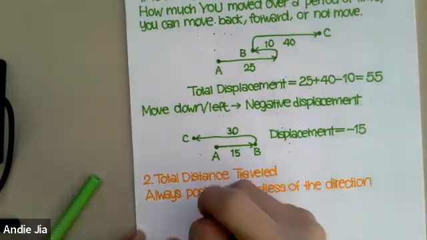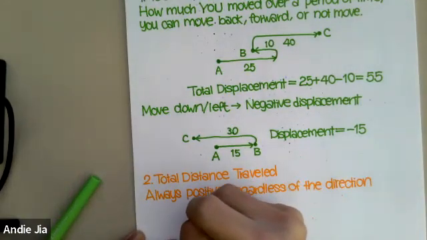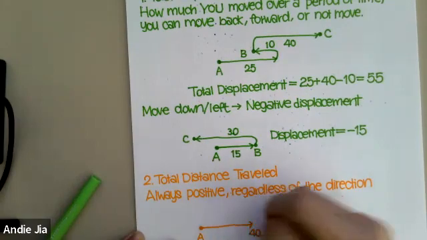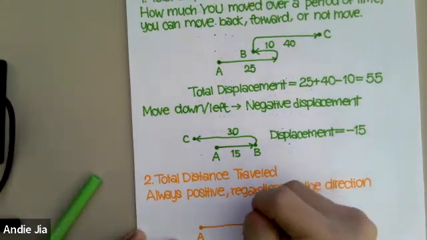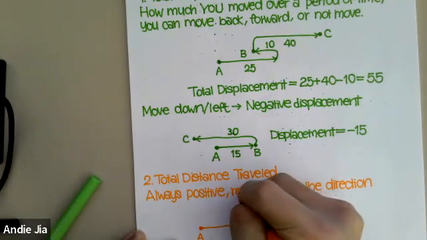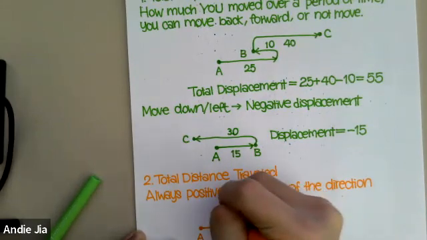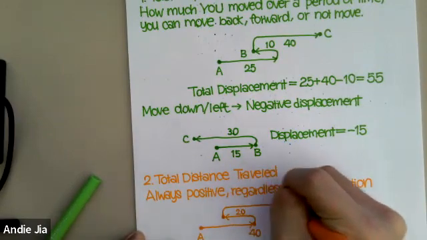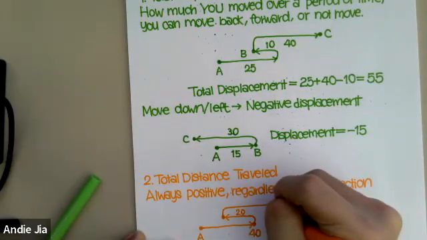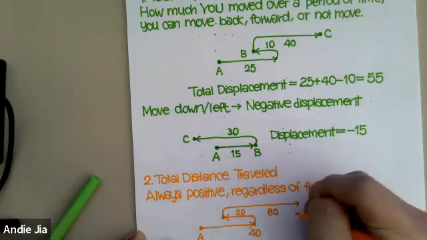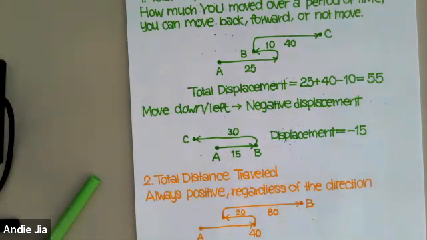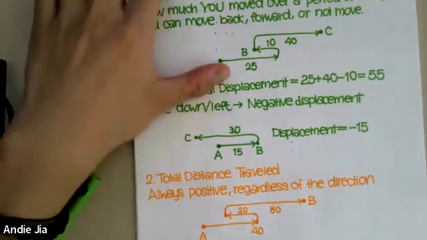So if a person travels from point A 40 meters, you travel back 20 meters, you travel up 80 meters to point B. What is the total distance traveled?